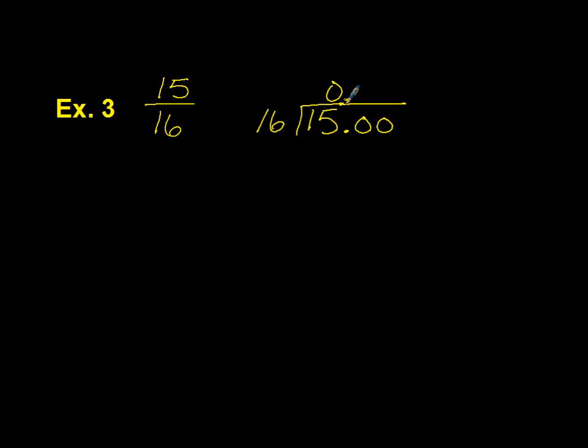I know that if I did 10 times 16, that would be 160, so that's too high. So I think it's going to be 16 times 9. I can do some math on the side here. 144. So 9 looks pretty good. 144. And I subtract. I get a 6.